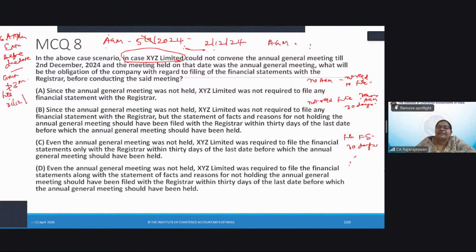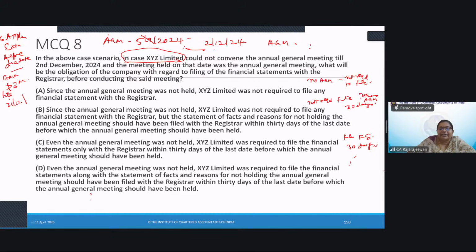Here, the meeting itself could not be convened. See, convened means you could not hold an annual general meeting. It was not convened on 2nd December. What is the latest day on which it ought to have been held?